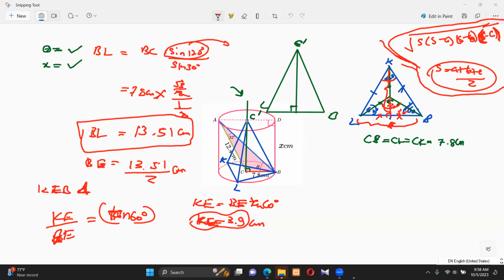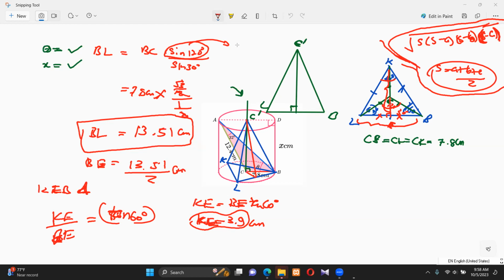Let me draw it over there. It's like this. Or you can see it. It's like this.